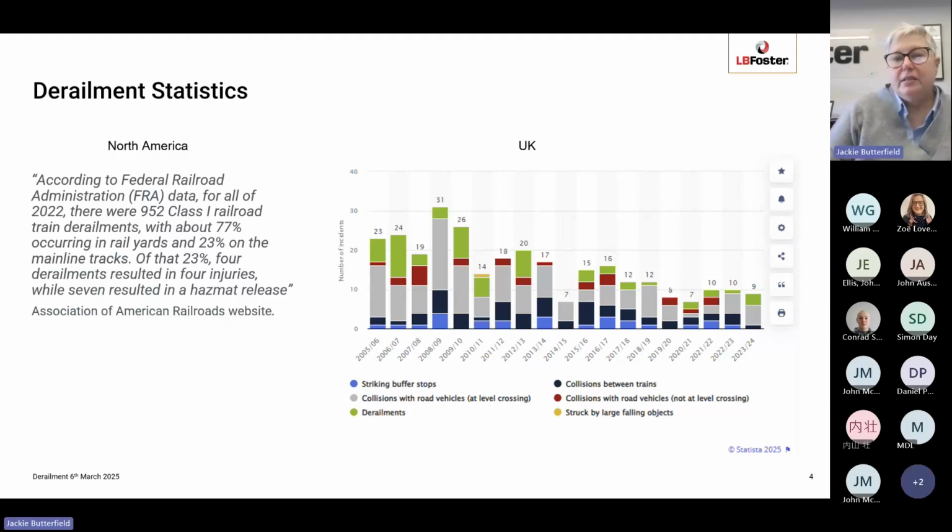So even though it's a small number, the potential for harm and injury, hazardous material release to the environment, and damage to track and infrastructure are very, very large. And so we need to avoid derailments and minimize the risk as far as possible.